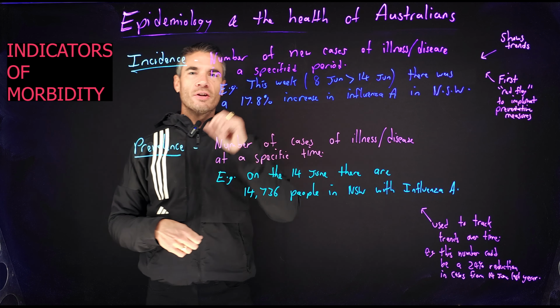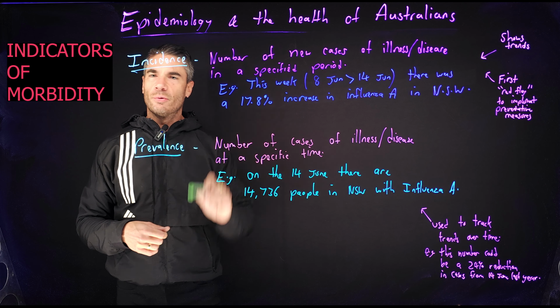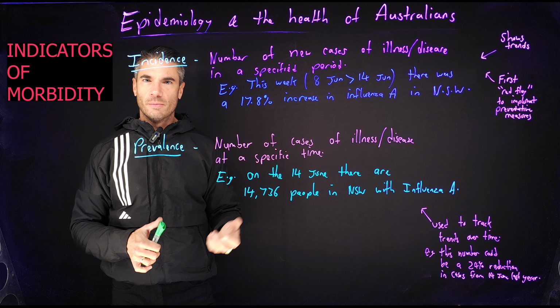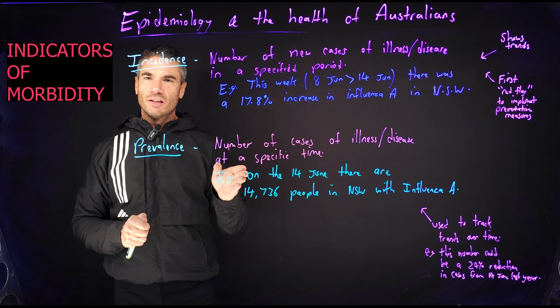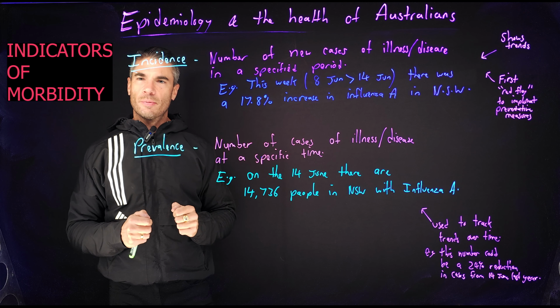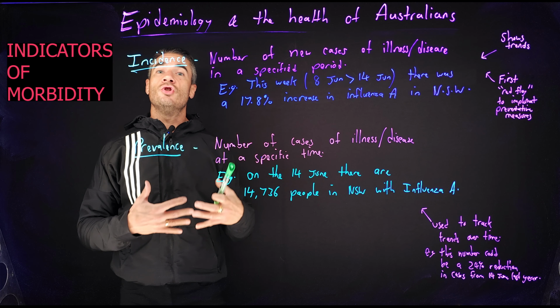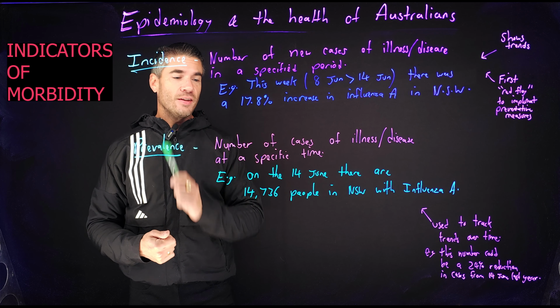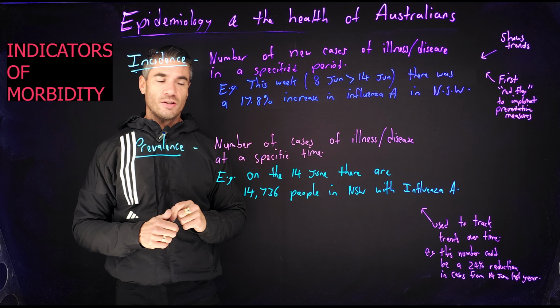So even though it might be increasing at the moment, what epidemiologists will do is they'll look back through the data and they'll go, okay, well, at this same time last year, there were also influenza A cases increasing because it's getting into winter, people get sick, etc. However, this number is significantly lower than what it was last year, so we probably don't need to implement any drastic measures for influenza A at the moment because the data seems to be trending as it usually does, or if anything, this is a reduction, so we're actually doing better than what we were this time last year.